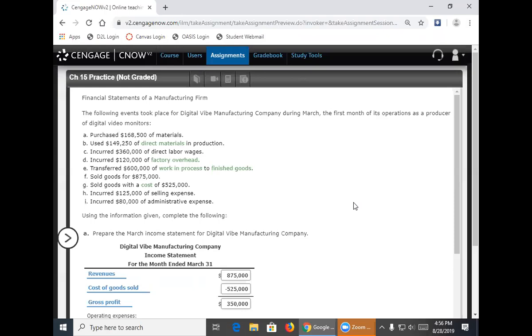That's also known as your cost of goods manufactured. That's how much was actually finished and ready to sell.